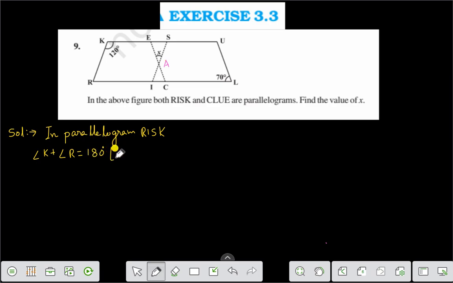The reason is adjacent angles are supplementary.